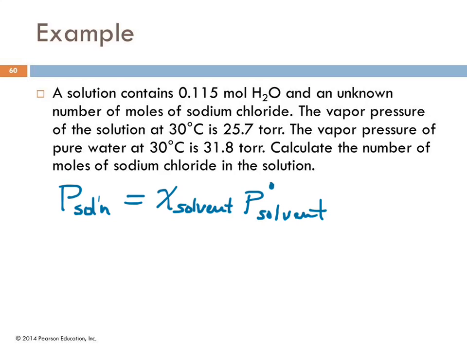So we have both the vapor pressures, so we can calculate the mole fraction. The mole fraction of water is going to be the pressure of the solution, 25.7 torr, divided by the pressure of the water itself.